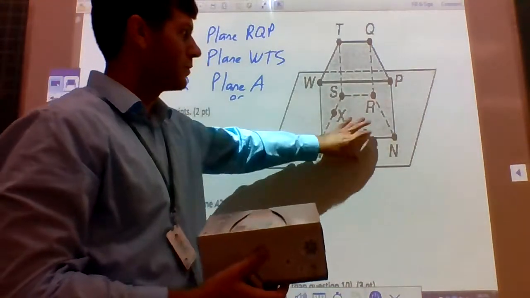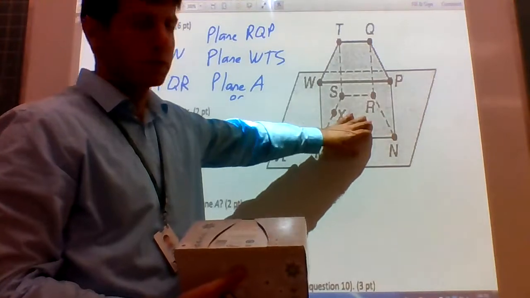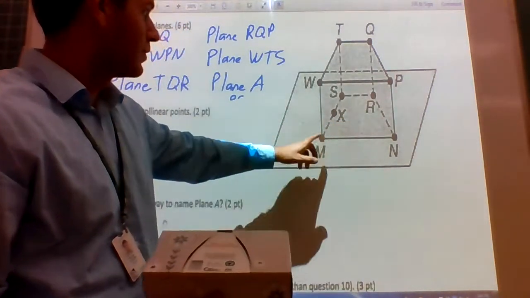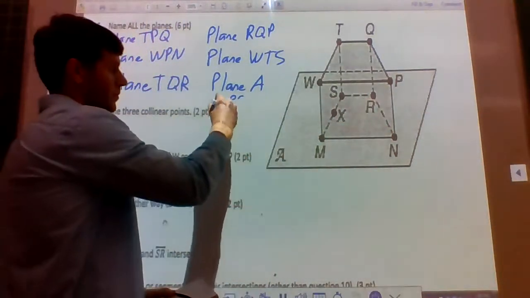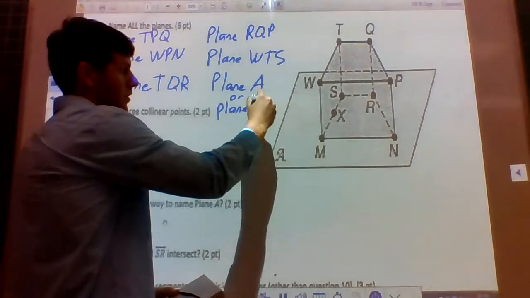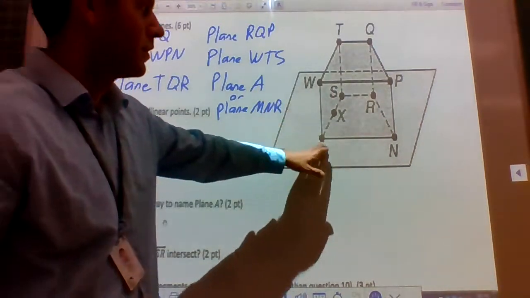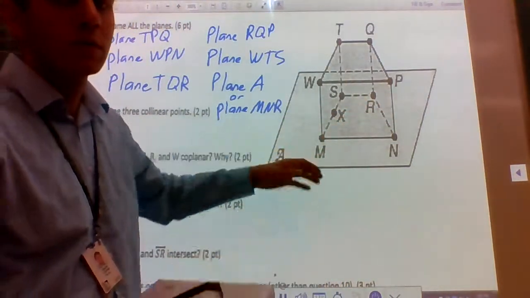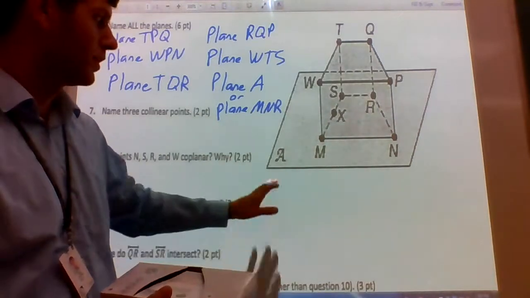But we know the bottom of our trapezoid prism here is plane A, because we know that plane A is the same as plane M, N, R. M, N, and R are 3 points that are non-collinear that are on plane A. So the bottom of our prism is the same as plane A, right?